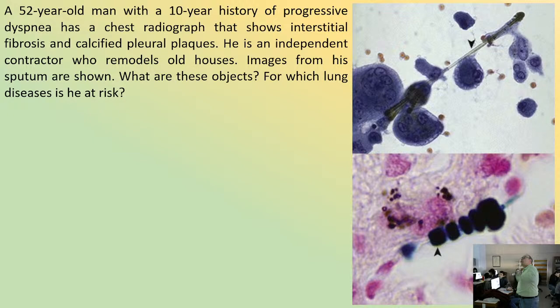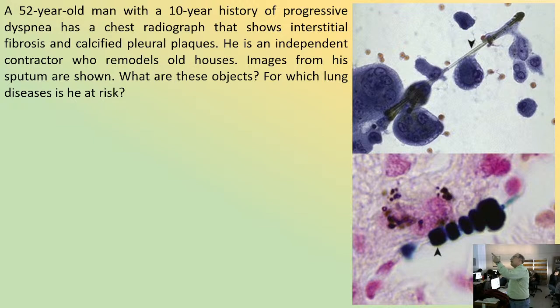And it's from a man who has interstitial fibrosis by chest radiograph and calcified pleural plaques. These plaques, which develop in the pleura, if they are too big, may affect the lung parenchyma function.